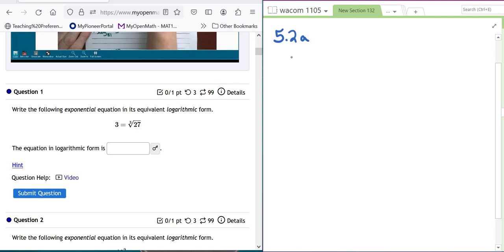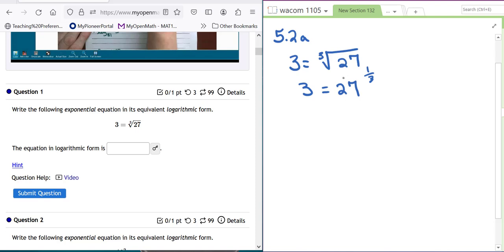We have 27 to the 1/3 power equals 3, so you write it to a power. This is the exponential form, and they want us to write the logarithm form.